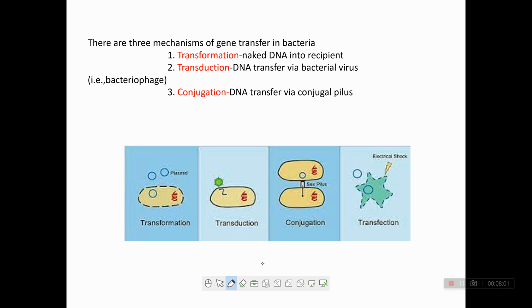It does not require any medium or vector. See, this is a plasmid present in the environment, and this bacterial cell takes up this plasmid DNA. This process is known as transformation. Another is transduction. Transduction takes place via a vector, and that vector is a virus.